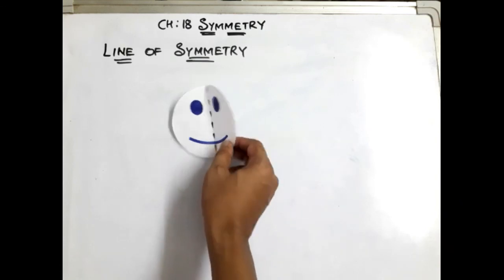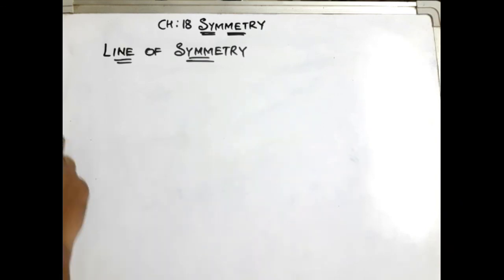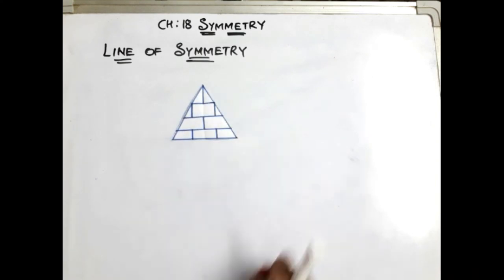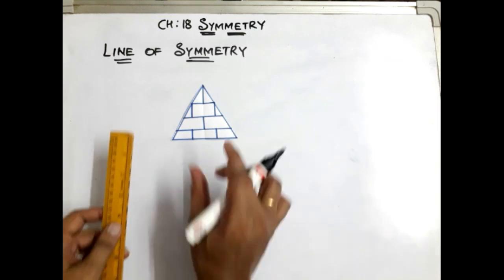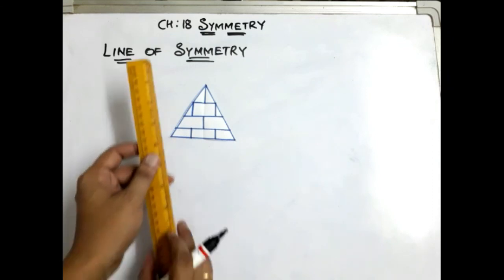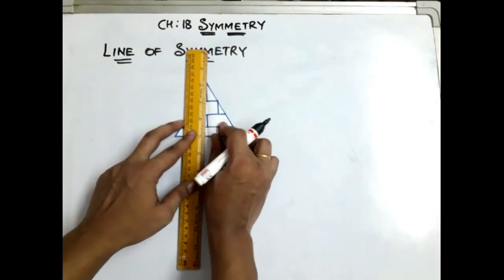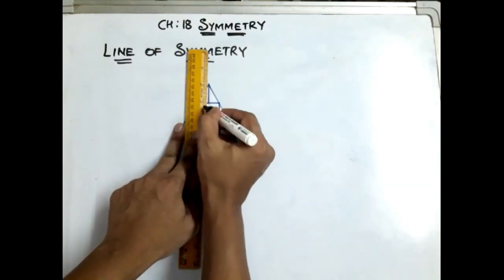I will show you another example. Look. I am taking this pyramidal structure which I showed you earlier, and in order to prove that this figure is having line symmetry, at the middle of this figure I am drawing a dotted line like this.